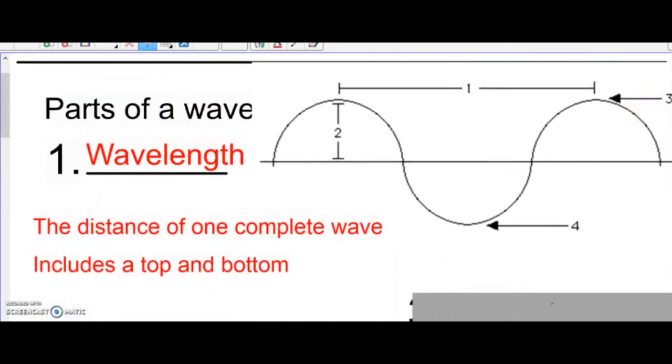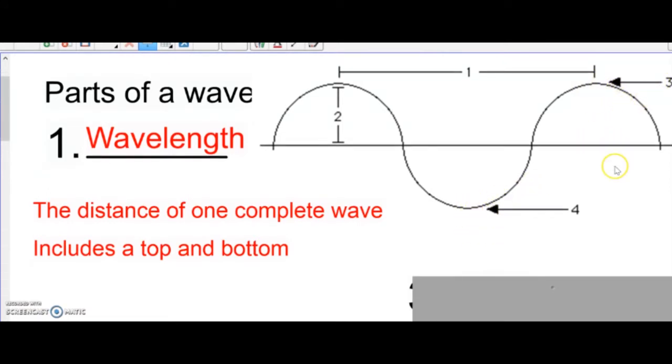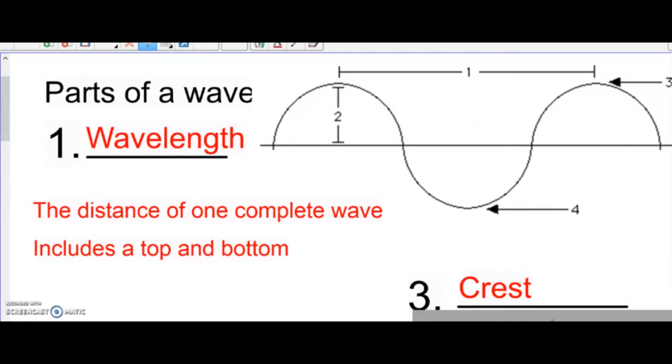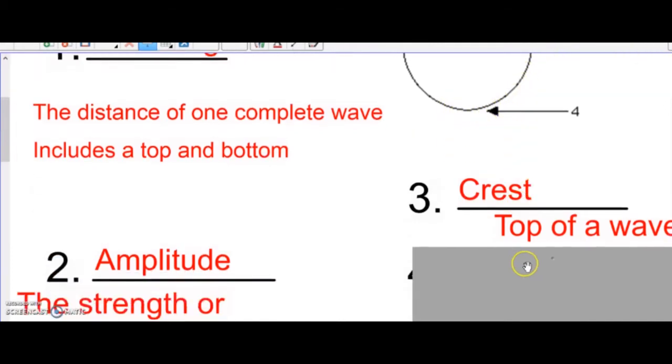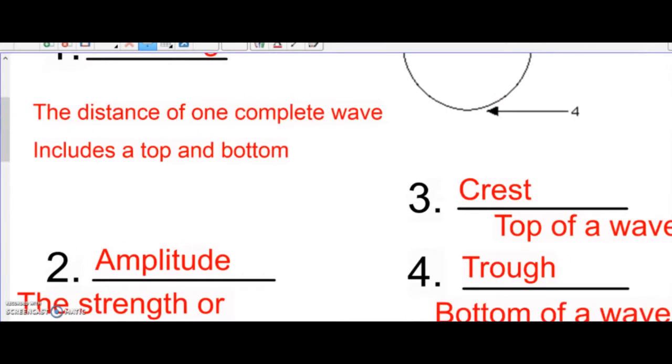Now we need a name for this top, which is labeled 3, and the bottom, which is labeled 4. So 3, the top of a wave, is called a crest. The crest of the wave is the top of the wave, like the crest of a hill. The bottom of the wave down here at 4 is called a trough, just like cattle eat out of a trough.